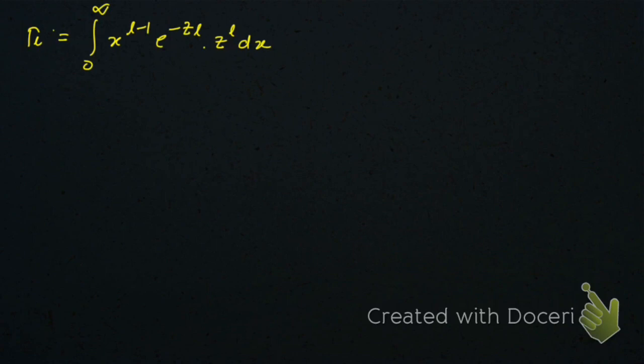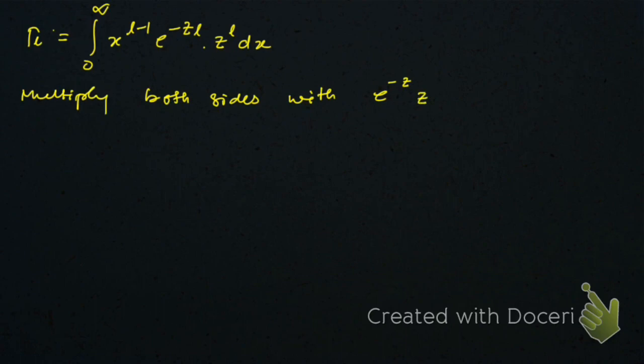Now you see, let us multiply both sides with e to the power minus z and z to the power m minus 1, right?